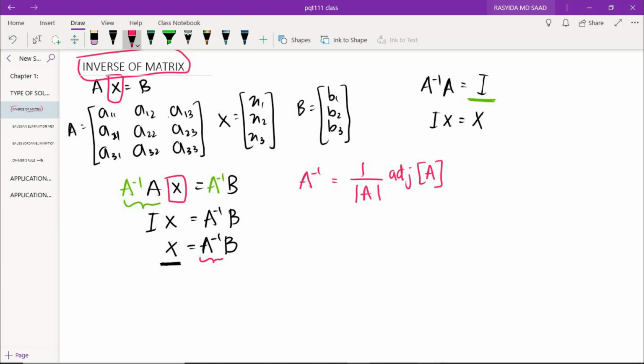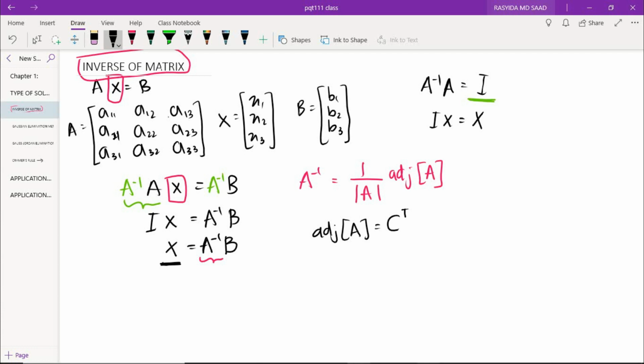Before we can proceed, remember, how do you get the adjoint of matrix A? The adjoint of matrix A is equal to the transpose of the cofactor of matrix A. Before you can find the transpose of the cofactor, first you need to find the cofactor.